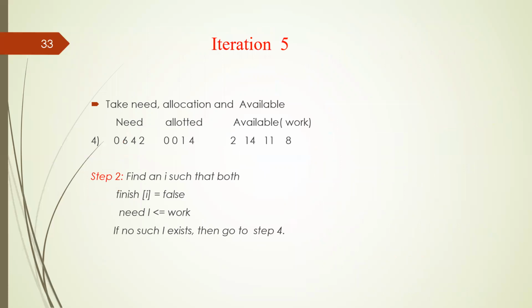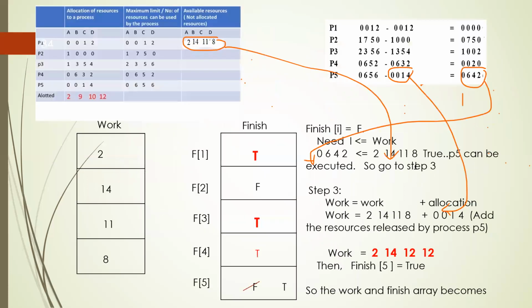Iteration 5. Now take the fifth row from all the arrays. Process P5. What's the need of P5? 0642. How many resources are allotted to P5? 0014. So apply the formula: 0642 less than 2, 14, 11, 8, true. So process P5 can be executed. Now go to step 3: work equal to work plus allocation. So 2, 14, 11, 8 plus 0014.